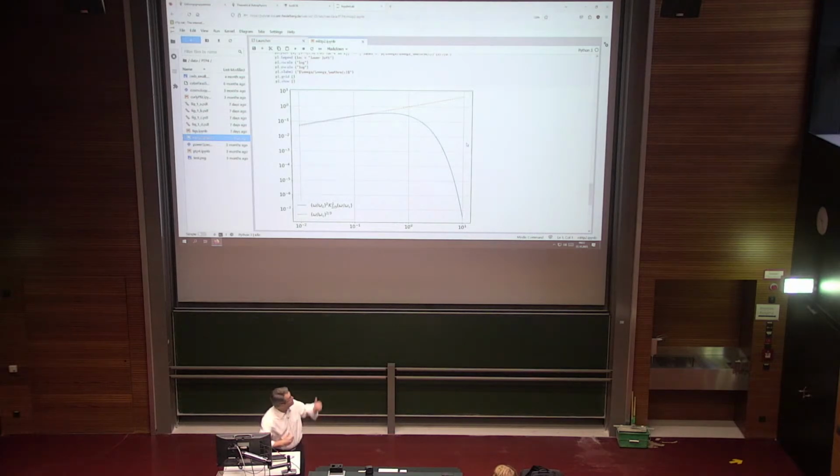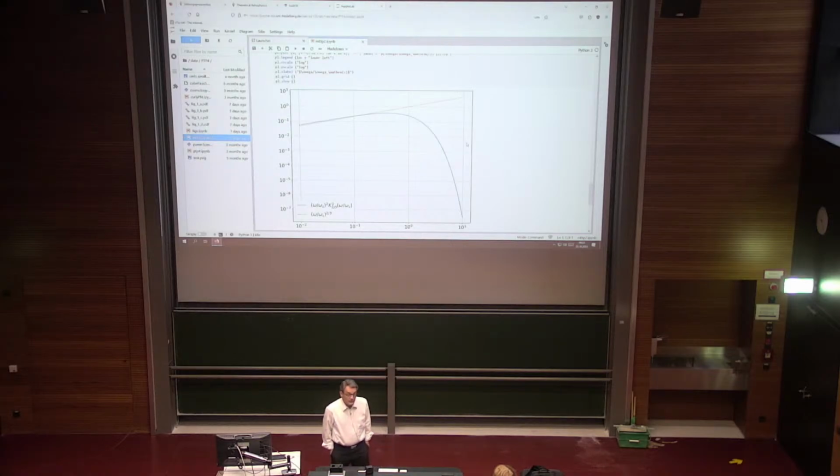So if you superpose this spectrum here with the power law distribution of electrons, you get another spectrum, which is a power law with a specific exponent that we are going to ask you to work out.